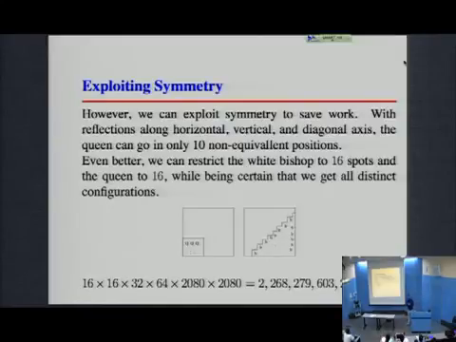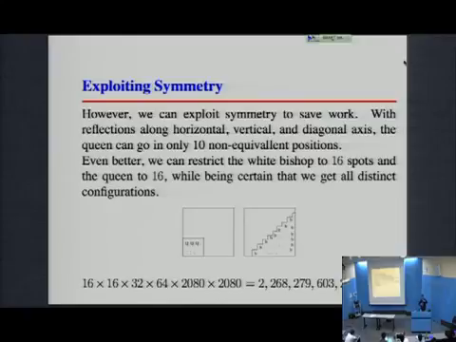Do we have to search through all possible configurations? One important thing to note is an idea called symmetry. Symmetry is the idea that if I took a chessboard and turned it around and looked at it from your end, it's still a legal chessboard configuration.